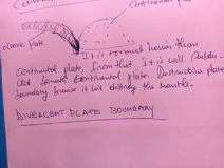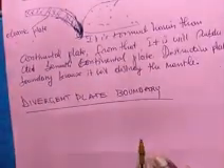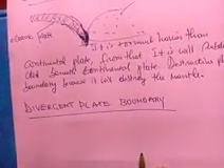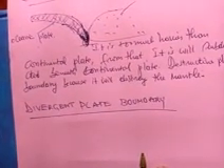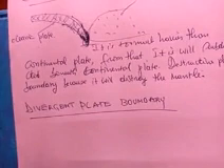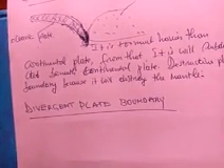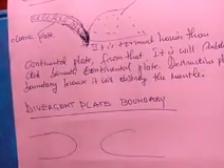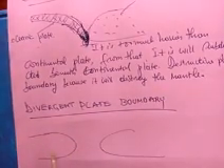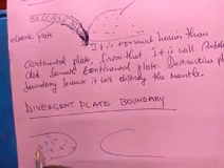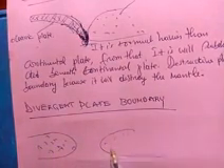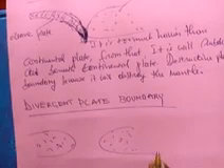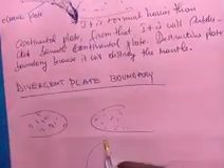They form a divergent plate boundary. Here we have the continental plate, here we have the oceanic plate, here we have convection currents.